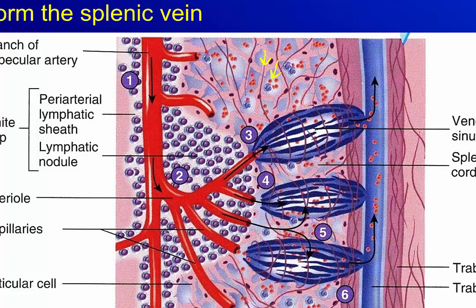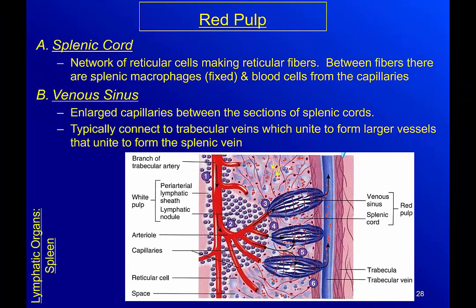If you're a normal red blood cell, you shouldn't have any problem doing that because I can fold like a tortilla. I can kind of wiggle my way through. If not, you're going to get caught on one of these fibers, and these macrophages are actually going to eat you so that I can recycle your iron. Okay? Now, the venous sinuses.